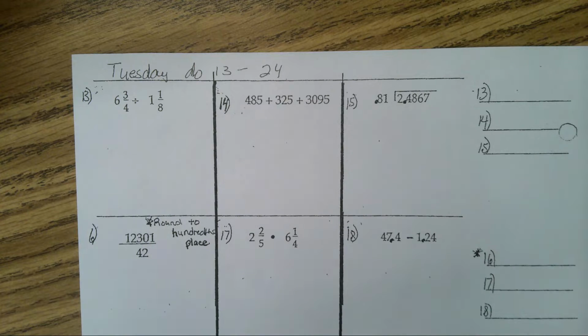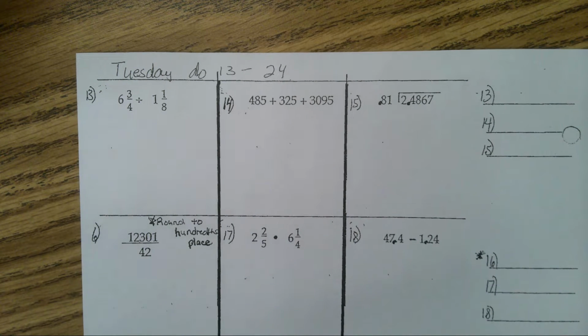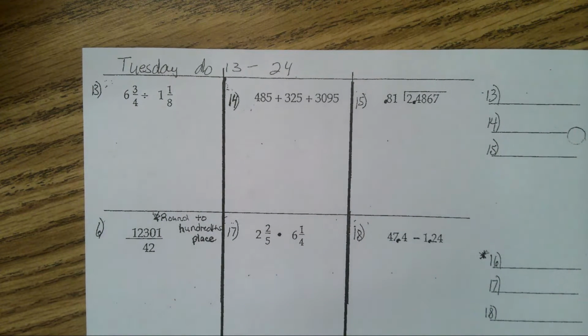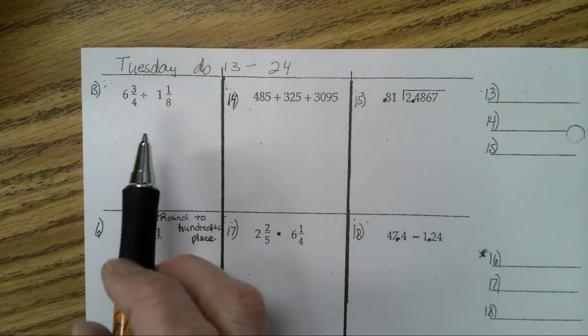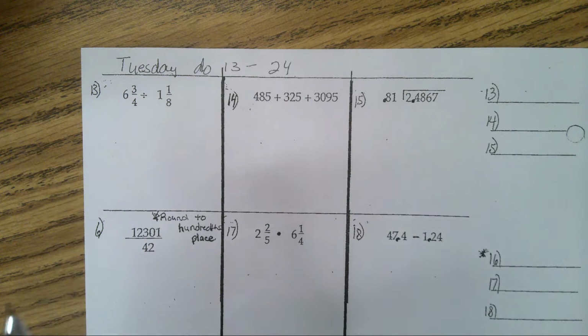All right. In number 13, what's the first thing we have to do? Not for dividing. In dividing, what do we do? Step 1, we have to change them to improper fractions.